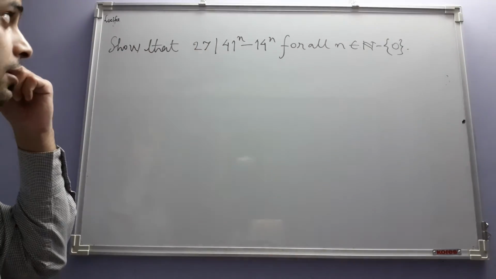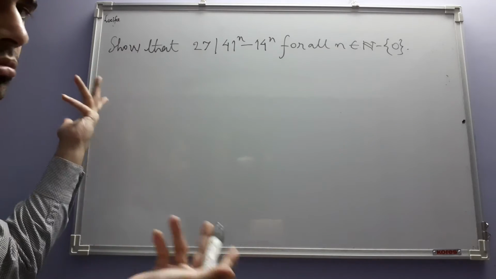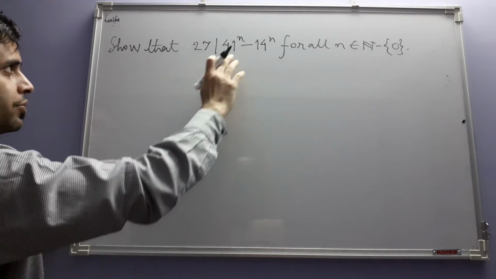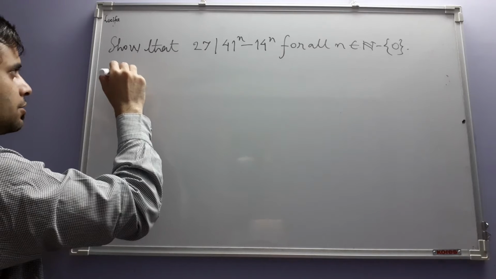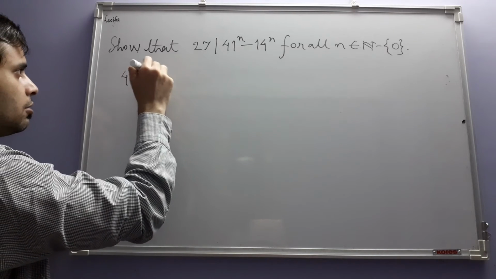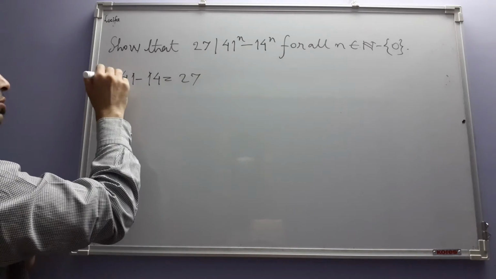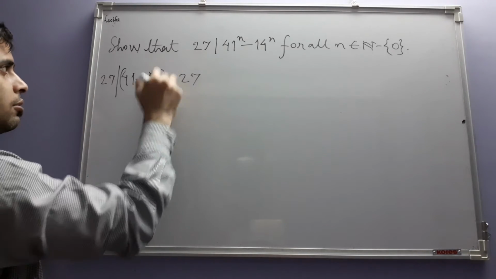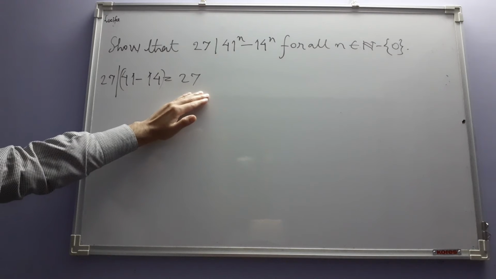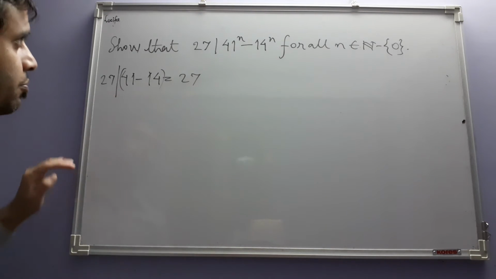Okay. Now for this one, the beginning is the same. You take n equal to 1. What is 41 minus 14? It is nothing but 27. So 27 of course divides 27. So the basis is there for us.